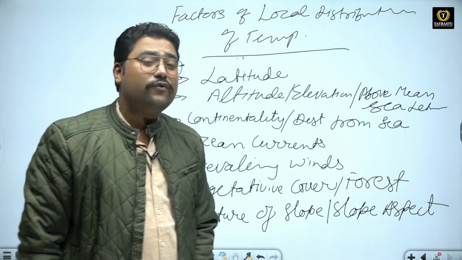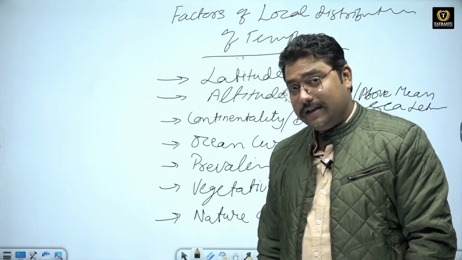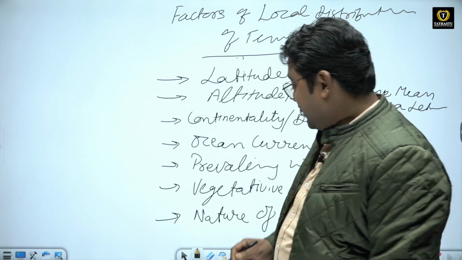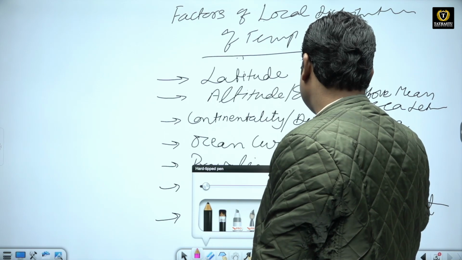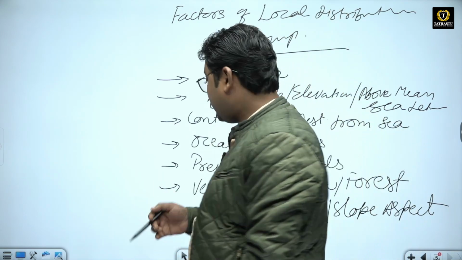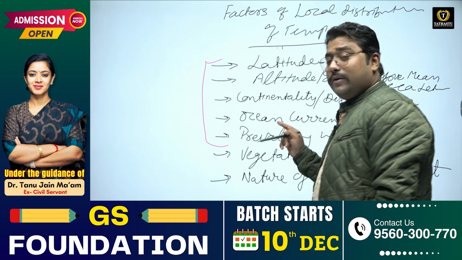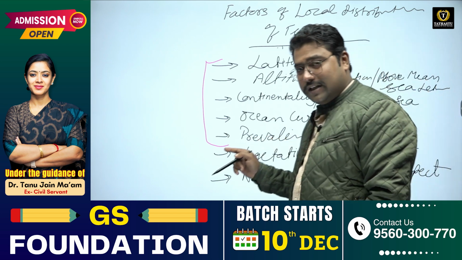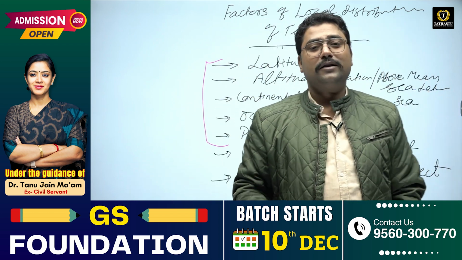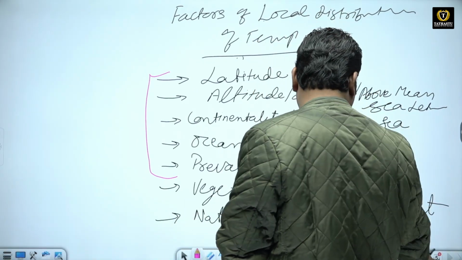So these are the few factors which locally govern the temperature of any place, despite being located on different latitudes. Second thing, if we talk about the major factors responsible for the local distribution of temperature, that is the top 5: latitude, altitude, distance from sea, ocean currents and prevailing winds, and the others are subsidiary factors. So let's see all of them one by one.